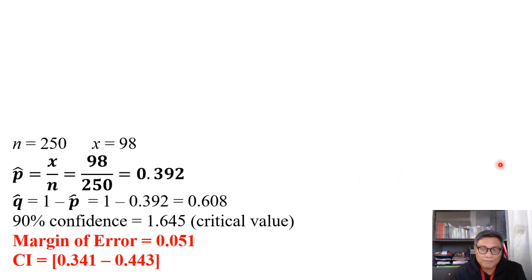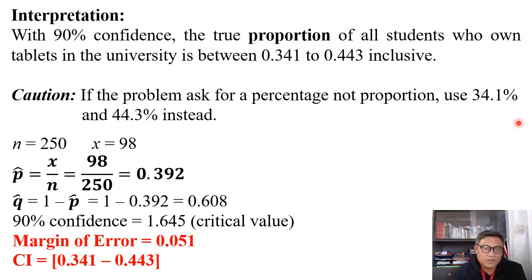So going back to the question, because we are asked at 90% confidence for the proportion, class, not the percentage, be careful of this. With 90% confidence, the true proportion of all students who own tablets in the university is between 0.341 to 0.443 inclusive.